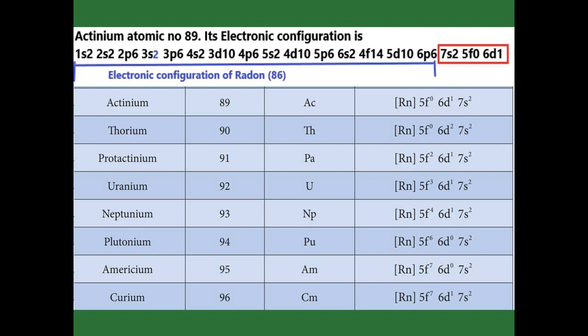Afterward we have 4 electrons, and those 4 electrons go to 7s2 6d2, not into the 5f orbital. In protactinium, atomic number 91, up to 86 is the radon configuration. Afterward we have 5 electrons, which go to 7s2 6d1 5f2. Up to uranium and neptunium, they have 1 electron in the 6d orbital, along with the 5f orbital also filling. In plutonium, there is no electron in the 6d orbital; instead of going to the 6d orbital, it goes to the 5f orbital.